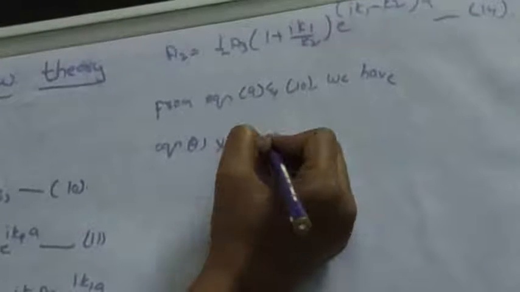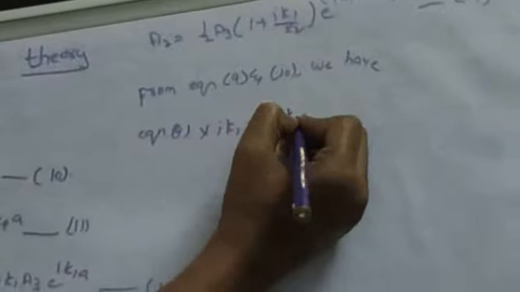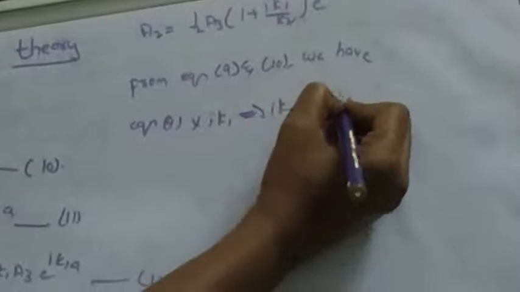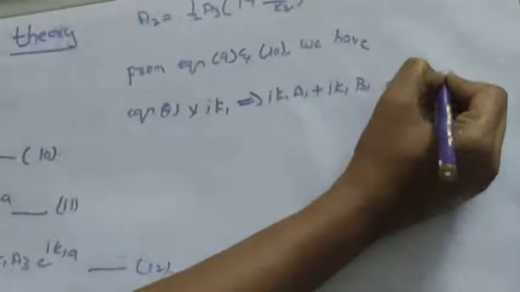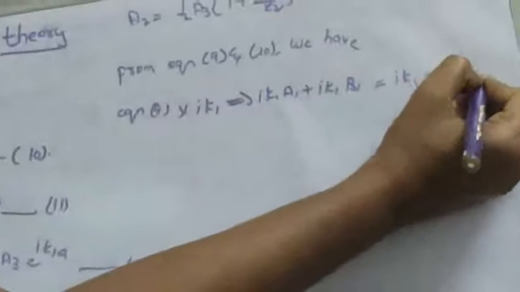If you multiply equation 9 with ik1, what you will get? ik1 A1 plus ik1 B1 is equal to ik1 A2 plus ik1 B2. Yes, I have multiplied ik1 with equation 9.